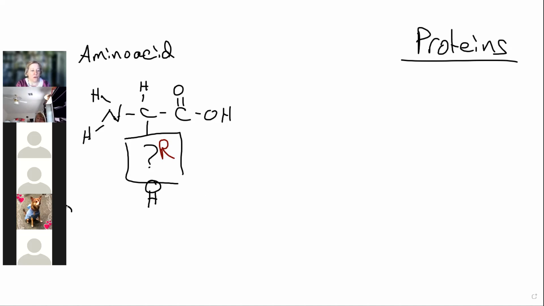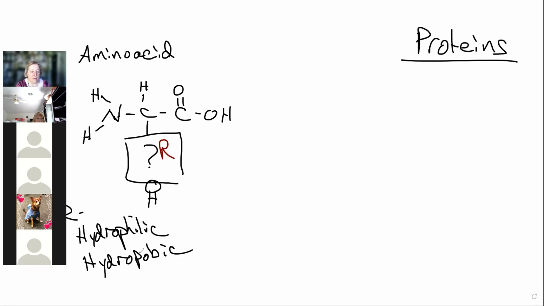So these R groups or side chains can be either hydrophilic or hydrophobic. That doesn't look right. I left an H out. And it all depends upon how much oxygen is there.